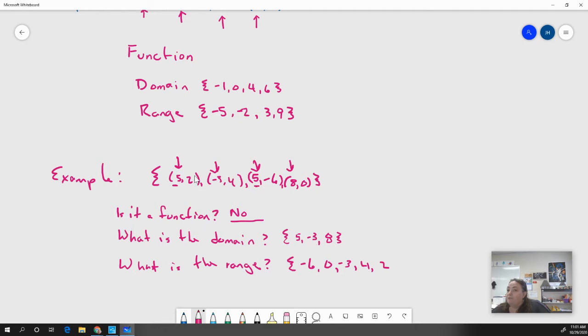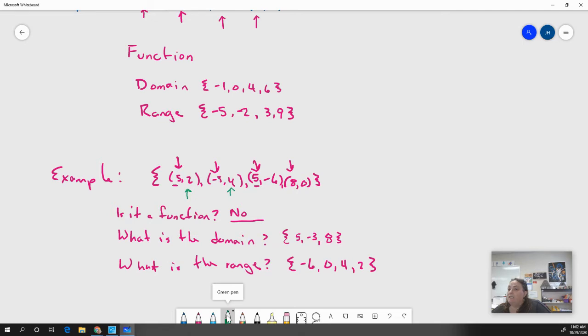This way. 2, 4, -6, and 0. I don't know where I was getting my numbers from. 2, 4, -6, and 0. That is my range, right? It's all my y's. Right? It's every one of these right here.